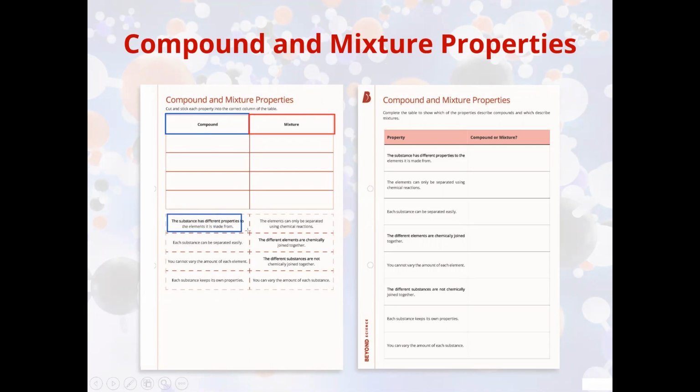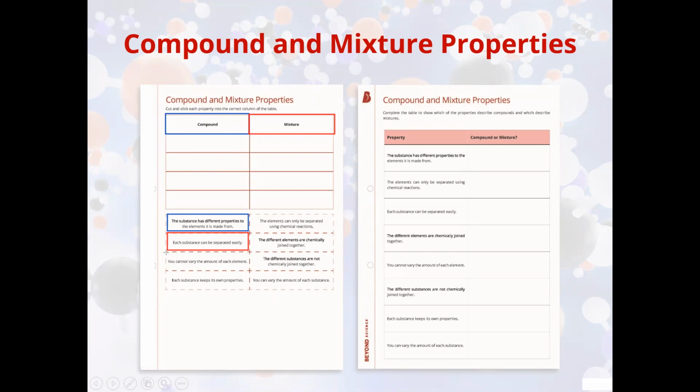That is a compound. Each substance can be easily separated. That is a mixture. Remember, to separate a compound, it needs to be done by chemical means. You cannot vary the amount of each element.